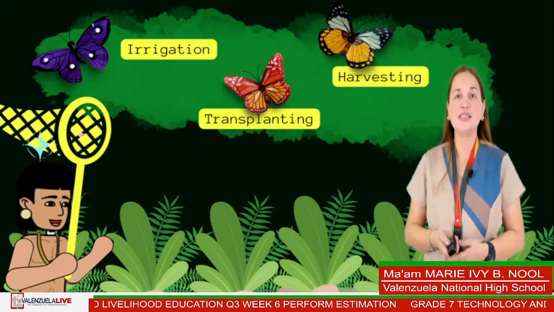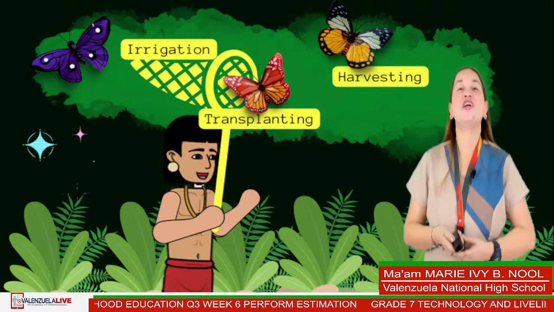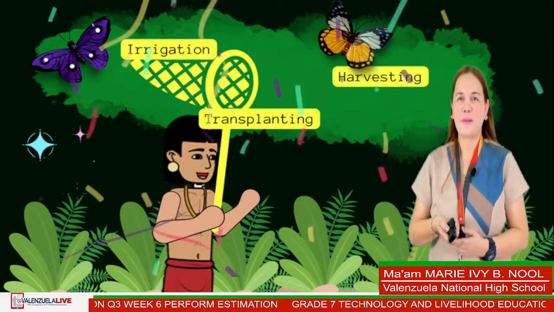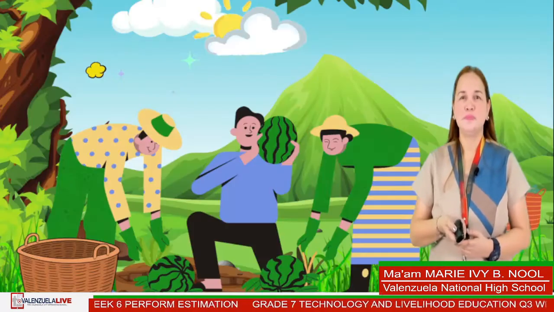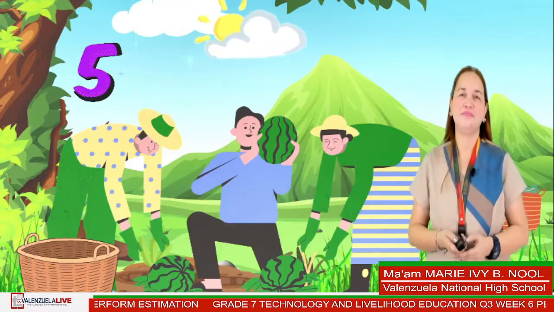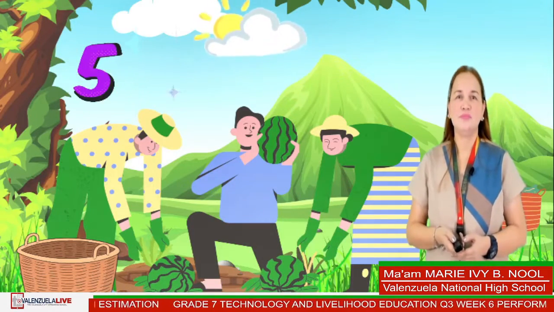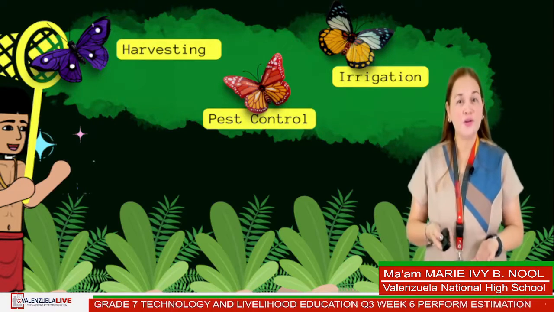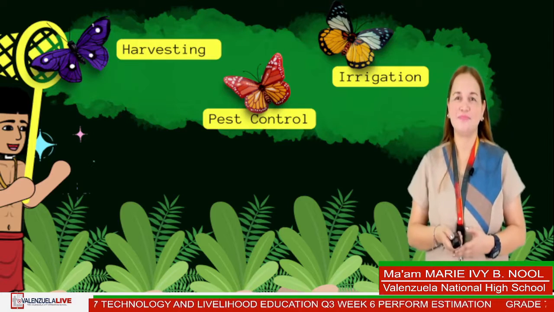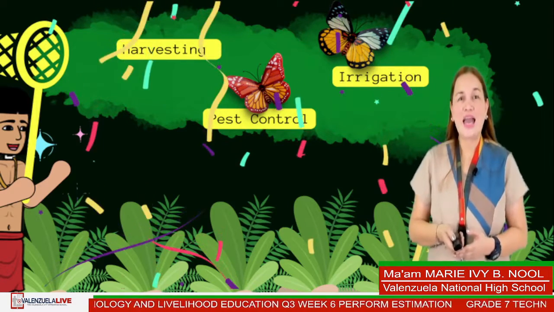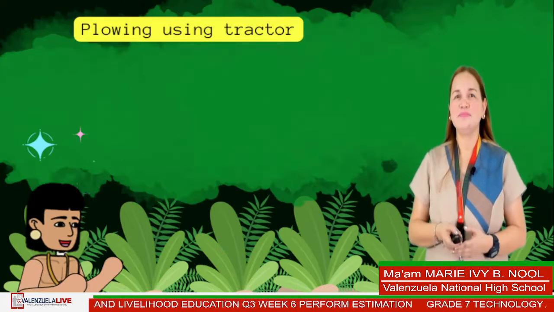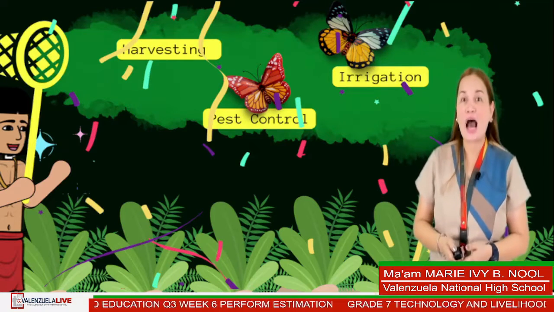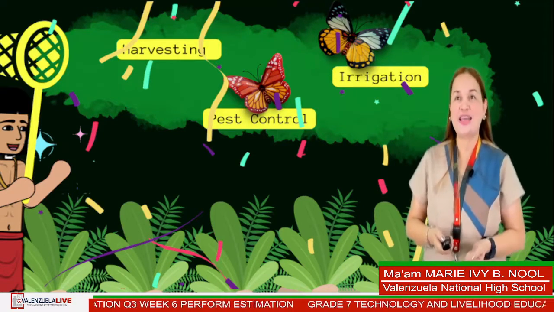The answer is transplanting. Good job. Picture number 5. Is it harvesting, pest control, or irrigation? The answer is harvesting. You're doing great.